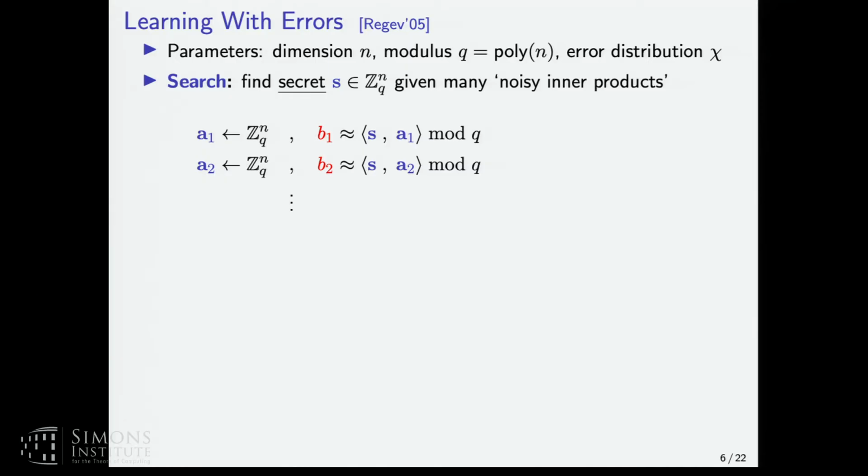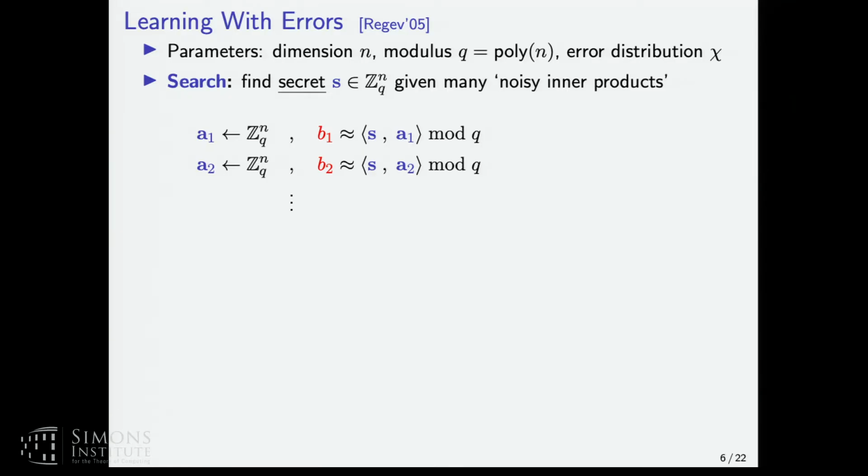There are two flavors of LWE: search and decision. Let's tackle search first. The idea of search is that there's a secret vector S in ZQ^N, and the attacker is given many random noisy inner products with S. What does this mean?